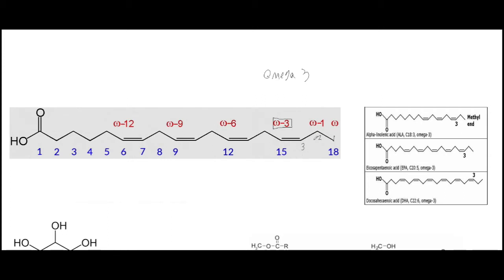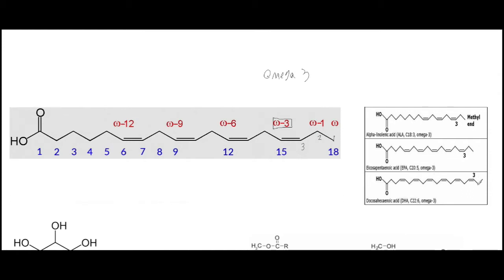So the three types of omega-3s that we obtain from our diet are the alpha-linolenic acid, the EPA, and the DHA, which if you've ordered fish oil, you've probably seen the EPA and DHA contents on the nutrition label.